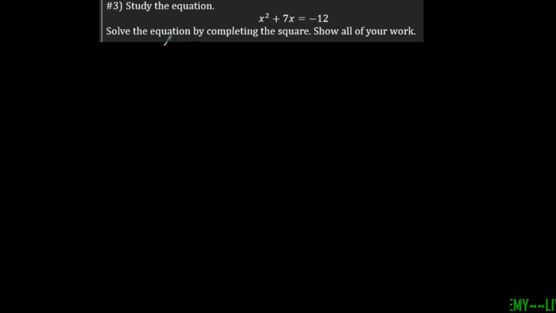So what we're going to have to do is use those 2 posters that we talked about. I have to complete the square first, and then I'm going to solve in vertex form. So first step, I have x squared plus 7x equals -12. First step I have to do is set it equal to 0.